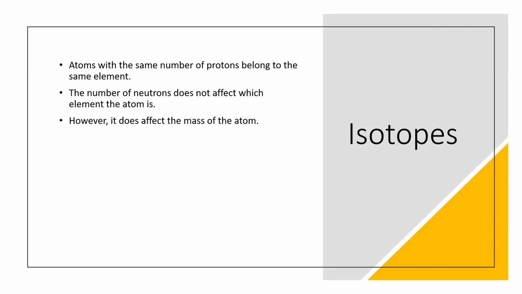The number of neutrons does not affect this, because neutrons do not chemically affect the atom, as they are electrically neutral. However, they do affect the mass of the atom. The more protons and neutrons in a nucleus, the heavier and larger it is.